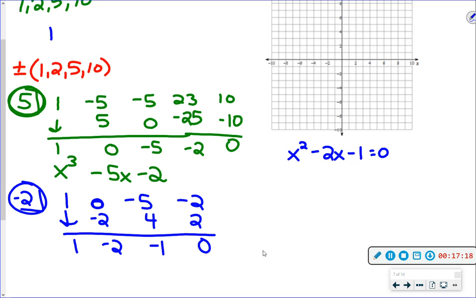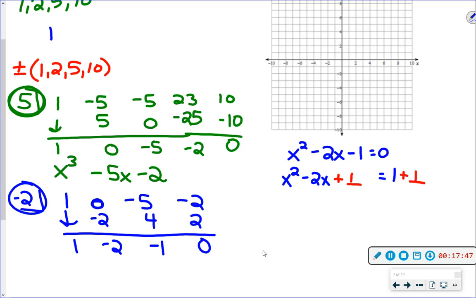I'm going to go with completing the square because I can do half of 2 in my head pretty quick and square it. So I'm going to add the 1 over, get it out of the way. So let's just have plus 1. We're going to recalculate this third term to force my trinomial to factor. So half of 2 is 1, 1 squared. Now putting that red 1 on, the red 1 forces the left side to factor.